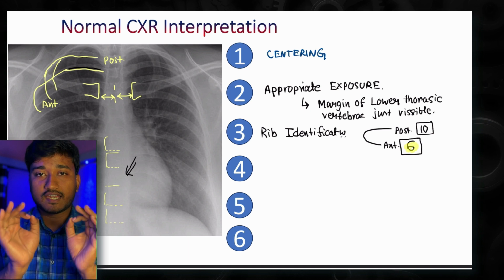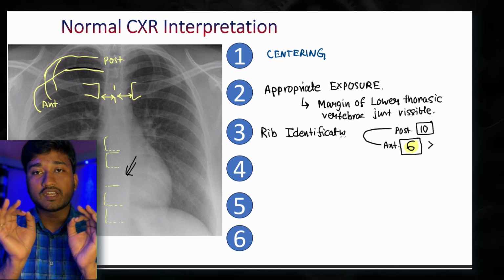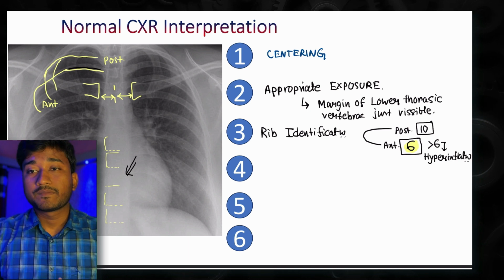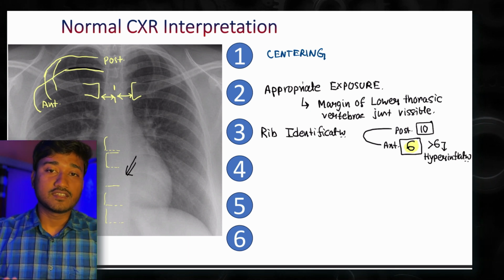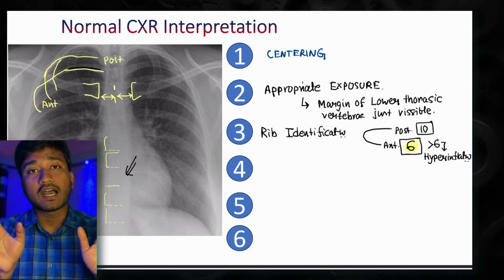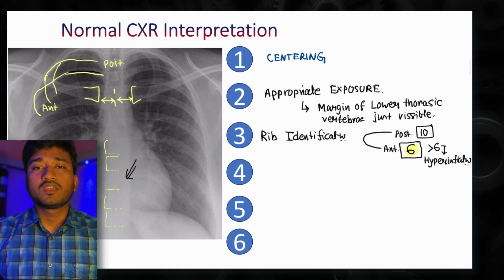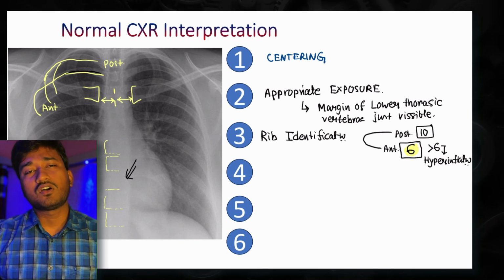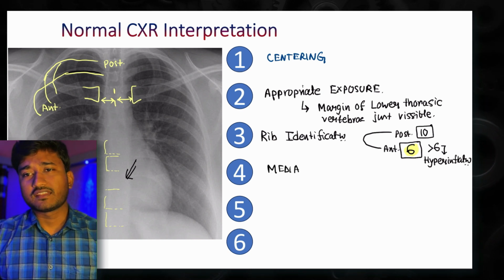Ideally 6 anterior ribs and 10 posterior ribs should be visible. If it is more than 6 anteriorly and more than 10 posteriorly, we call it hyperinflation of the lung. In children, we can see this in a few conditions like acute bronchiolitis or maybe viral pneumonia.